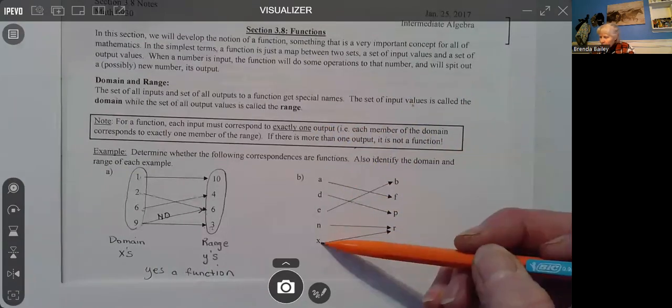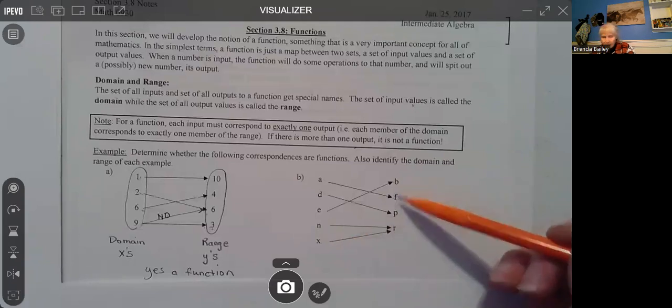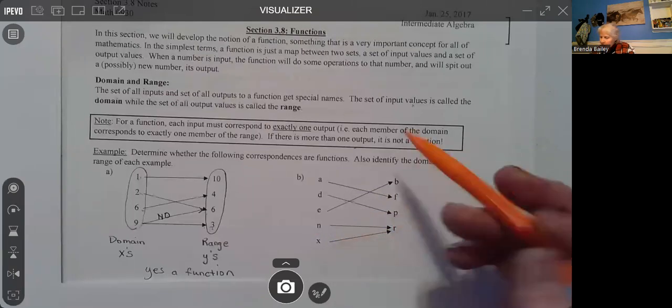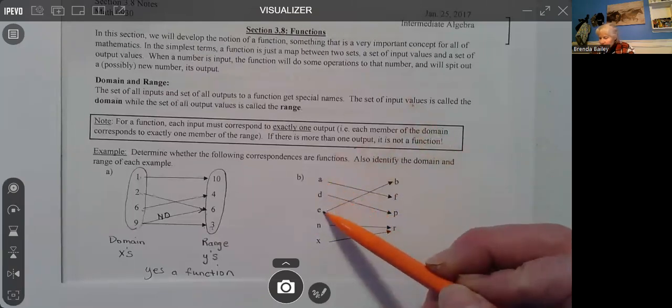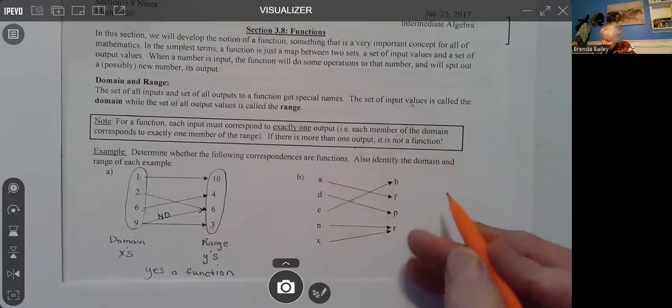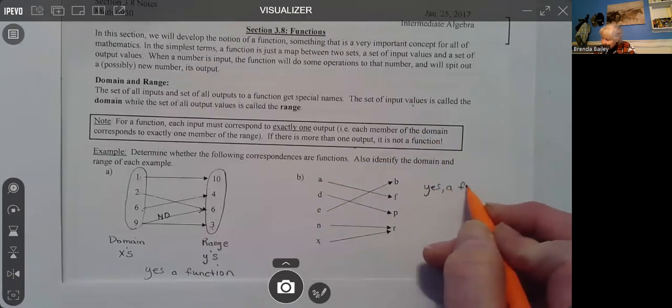And the X only goes to 1. Notice we don't care how many. You could only have 1 letter over here, and they all went to that 1 letter. As long as each of these only goes to a single number or letter over here, we're good. So this is yes, it's a function.